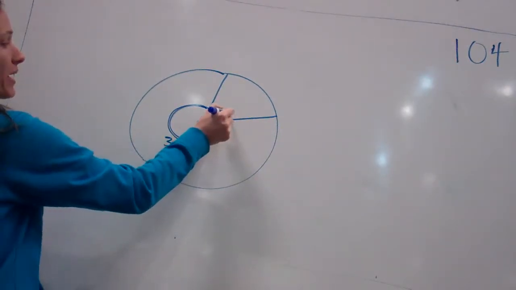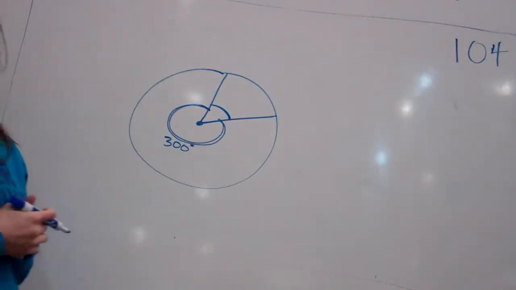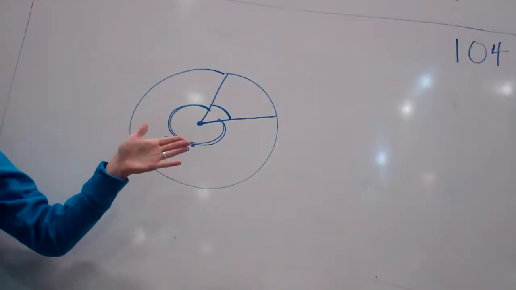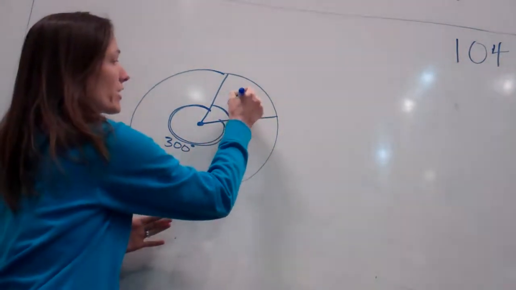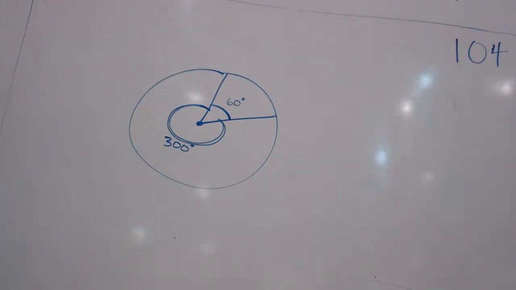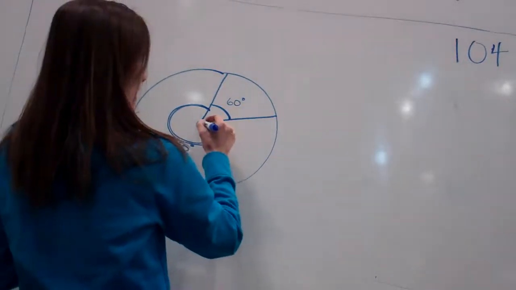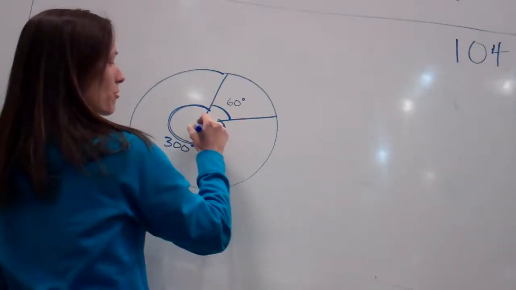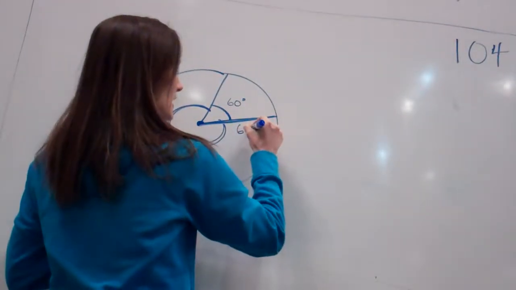So what is from here to here? 60. Does everybody see that? This would be 60 degrees. Does everybody see that? Okay. Now the other information they give us is that from this center point out is 6 centimeters.